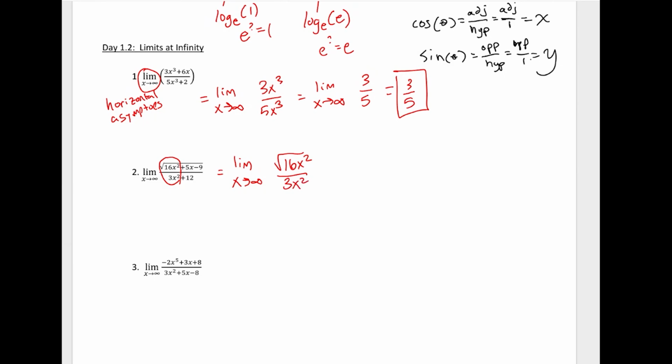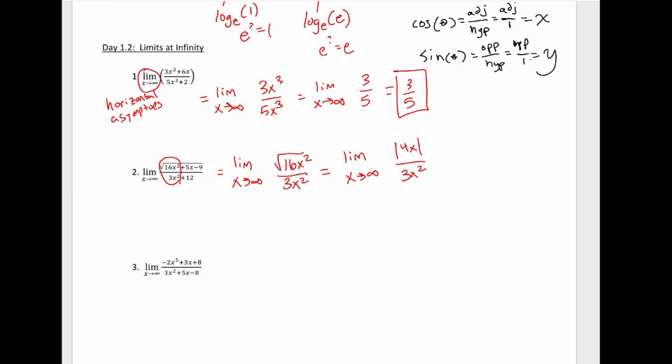Now be careful with this square root. This little nuance here really is not going to be that big of a deal for this problem, but in general, you need to be aware of that. When you take the square root of a square, you actually get the absolute value of 4x, not just 4x.